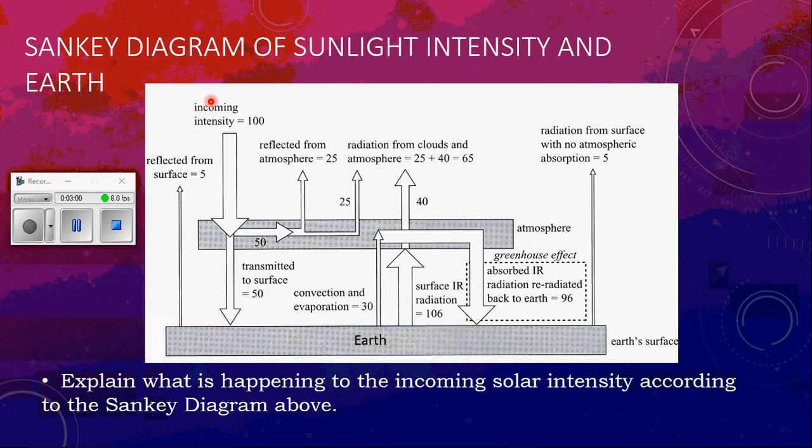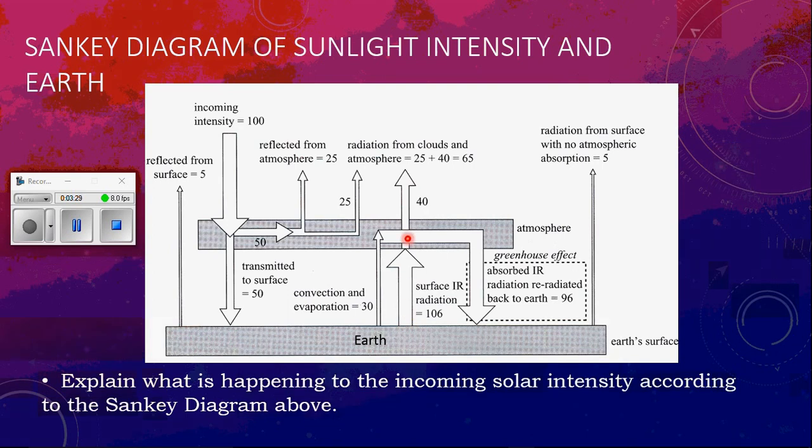So of 100% of the incoming intensity, only 50% of it gets absorbed by the Earth, yet notice that 106% of what was originally emitted by the sun is re-radiated back into space. And that's because, remember, Earth is a black body object. So as the Earth emits this energy, that energy will hit our atmosphere.